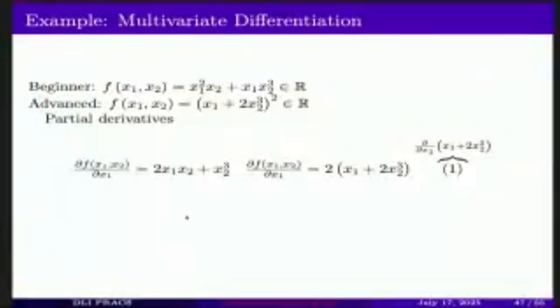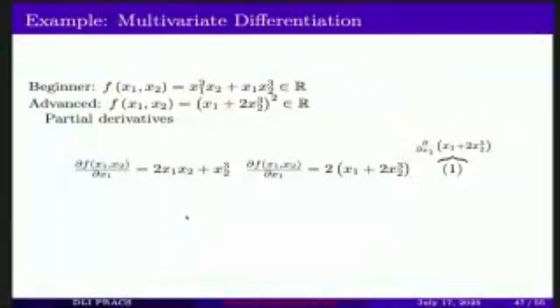So x2 to the power 3 is constant, and x1 to the power 1 minus 1 disappears. I'm left with x2 to the power 3. So that explains the left-hand side: 2 times x1 times x2 plus x2 to the power 3. Does that make sense to everyone? Cool, I see some people nodding.